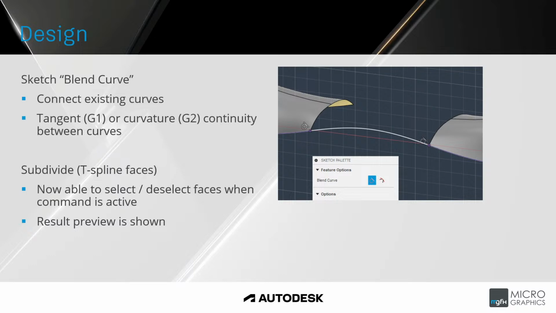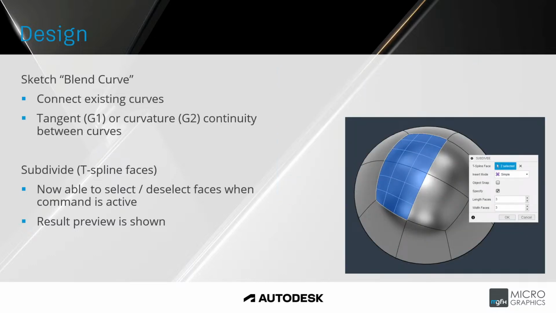Then looking at T-spline faces, the subdivide command. Previously, when you wanted to subdivide faces, you would select your face, activate the command, or activate the command and select the face, and that command would be kind of locked to that face. Now you're able to deselect and select faces when the command is active, as many times as you want, so you can change your selection when the command is active, and a preview is now shown of the division on the face.